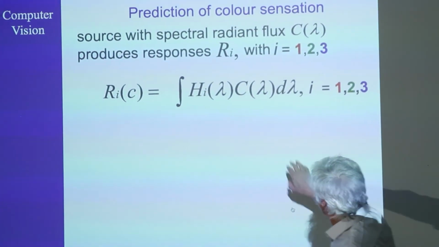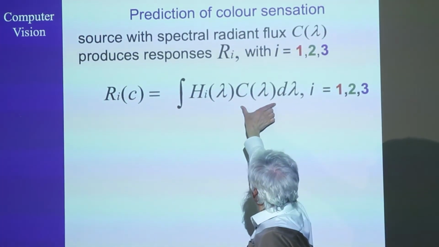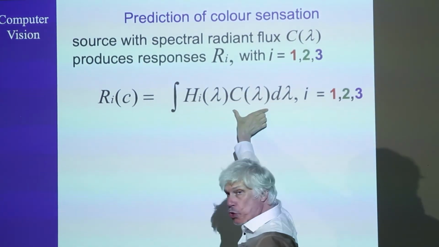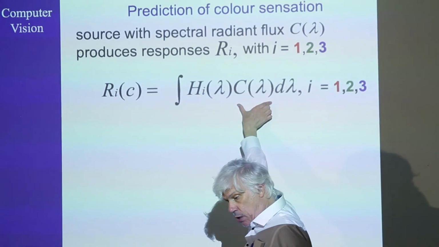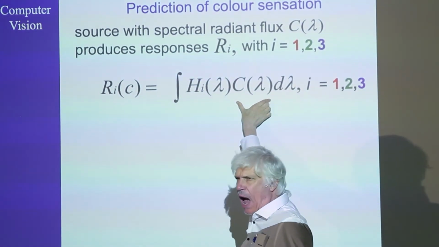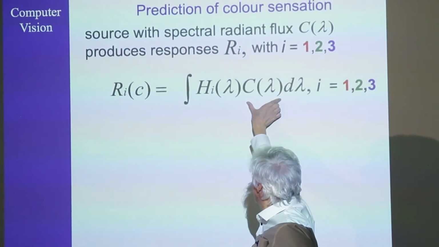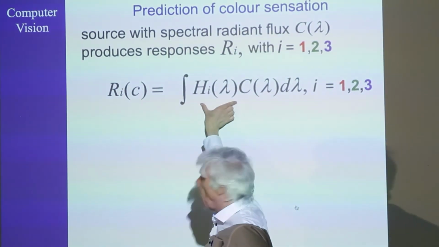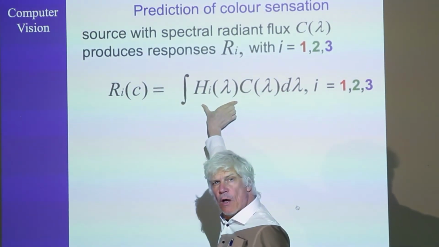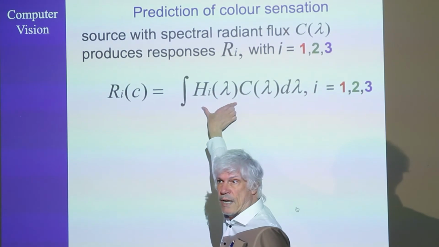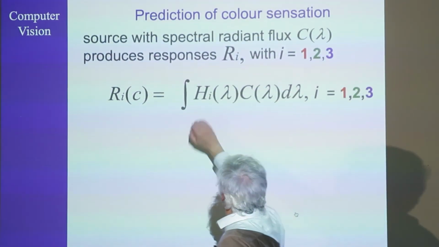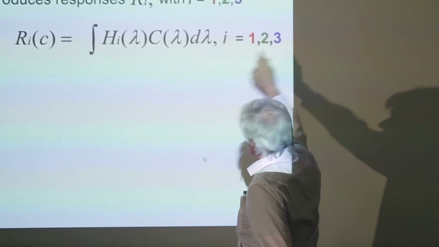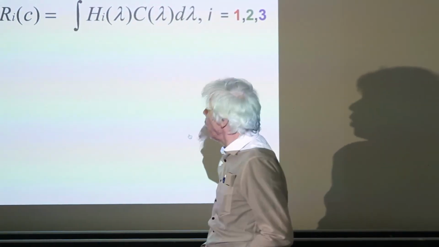So we take here again the source. It has a certain amount of energy, rather power, for each wavelength, and we multiply with the sensitivity of the curve that we have selected. Note we have three cones. We have 1, 2, 3, so red, green and blue cones if you want.